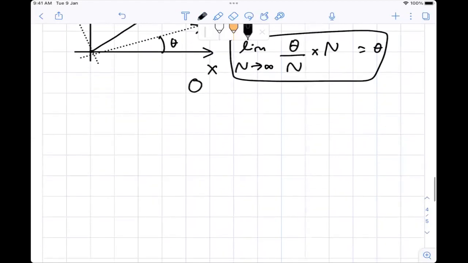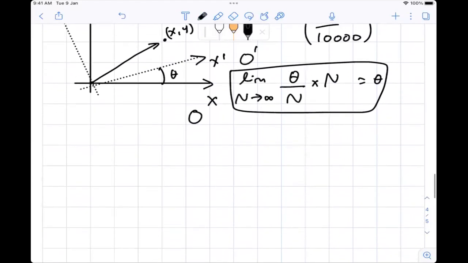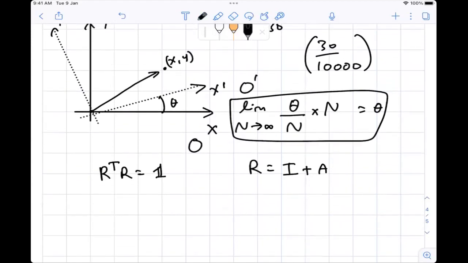We saw before that if you do the rotation on this O system so that it becomes O prime, then in order to preserve the length of the vector, it has to satisfy some property. For example, R transpose R equal to identity. Now since I'm doing a very small rotation, let's say one is no rotation at all. You can think of it in a continuous manner.